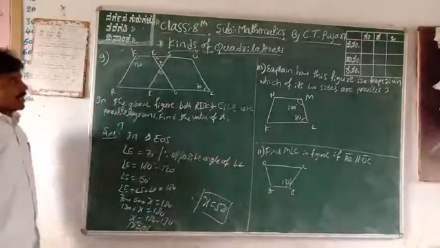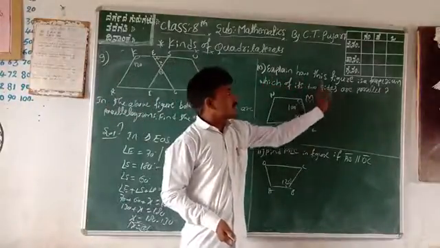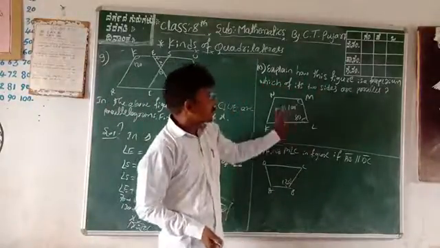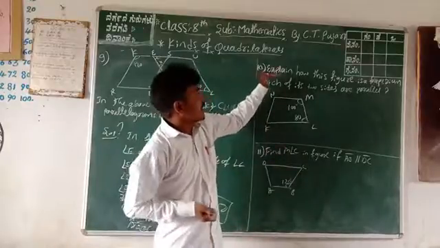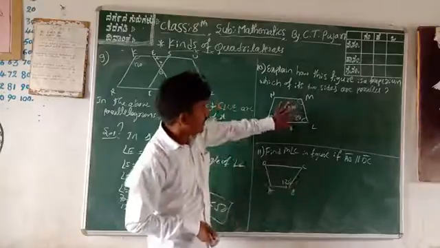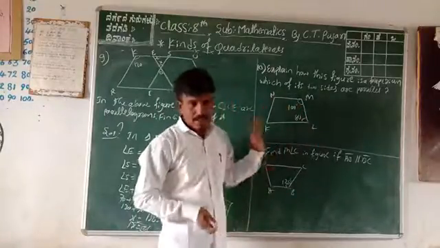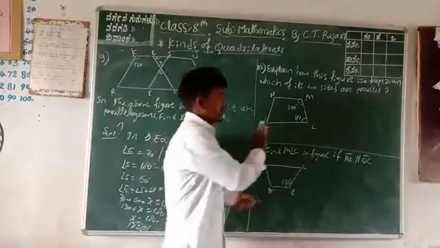Got it? Next, in the second, 10th one, explain how this figure is a trapezium. How is this figure a trapezium, which has two sides parallel? In the given figure, NMLK, this is a trapezium. Yes, this is a trapezium.